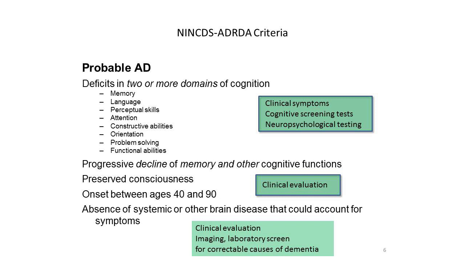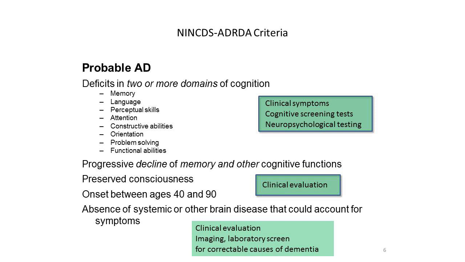So for probable Alzheimer's disease, the NINCDS-ADRDA criteria requires the following: deficits in 2 or more domains of cognition. And the cognitive domains are memory, language, perceptual skills, attention, constructive abilities, orientation, problem solving, and functional abilities.